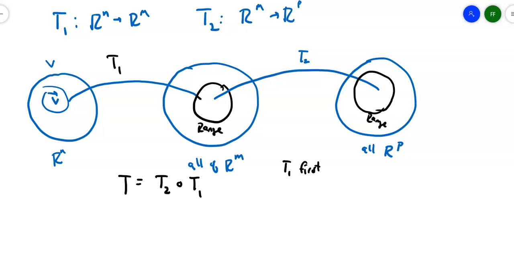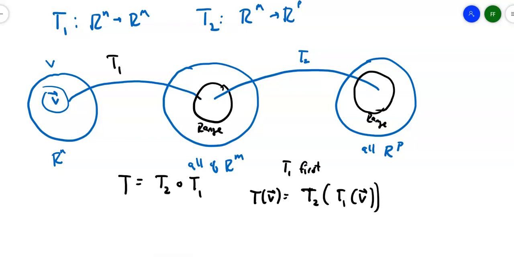You could also write this as the transformation of vector v equals T sub 2 of T sub 1 of v. And now, by those same algebraic composition rules, you can see that you would apply the inside transformation first and then the outside transformation. So you would do T sub 1 first and then T sub 2. Well, let's assign each of these a standard matrix.